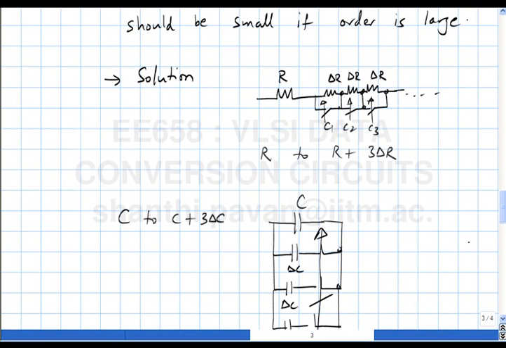So the question asked is whether there is some way of automatically figuring this out without having to spend time measuring the R and the C. Such techniques are called automatic tuning techniques.